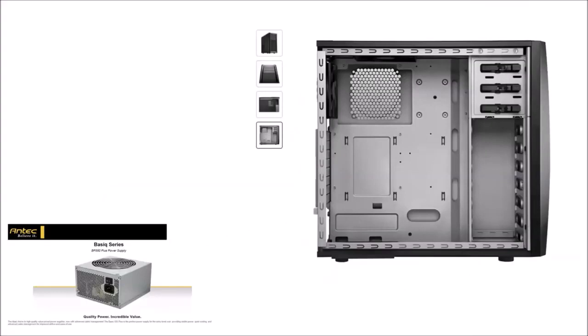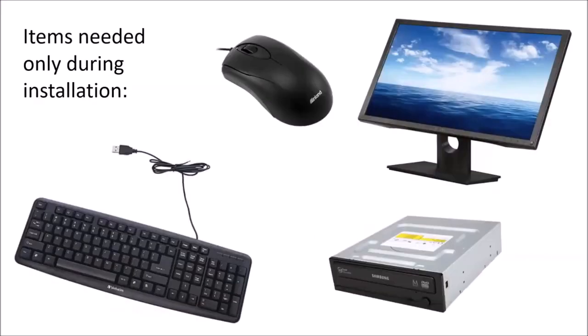Of course, you'll need to put that somewhere, a case and a power supply. I happen to have this around, but you know, you'll need one of your own. And as far as installing it, you will need to have a keyboard, mouse, and monitor. Once we get it installed, FreeNAS is headless. It does not need a monitor, a keyboard, or a mouse. You'll need something to load FreeNAS from. It could be a USB drive with the image on it, or a disk.